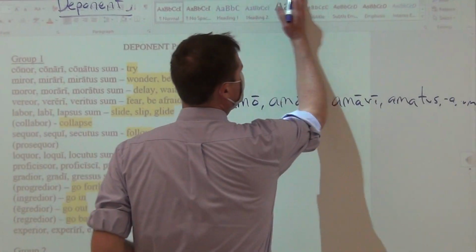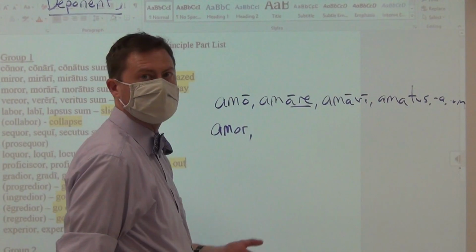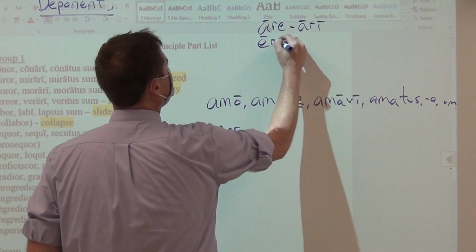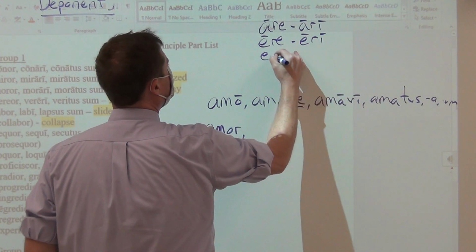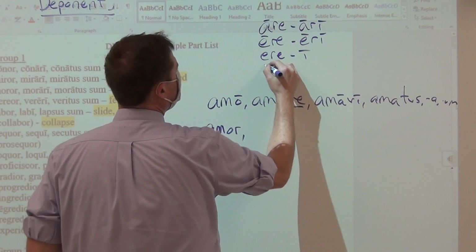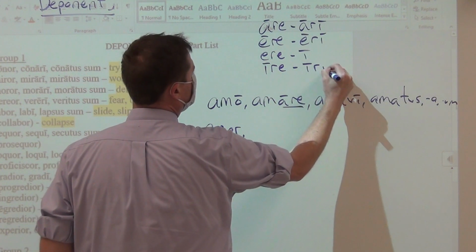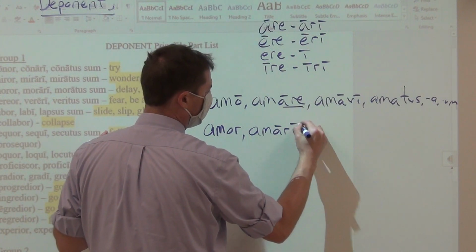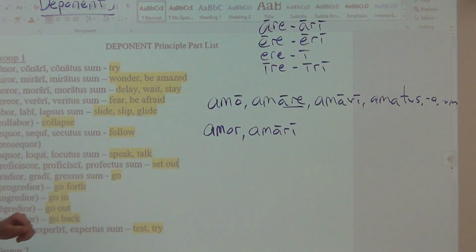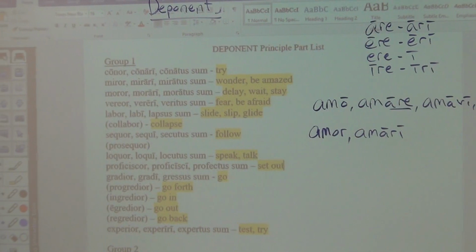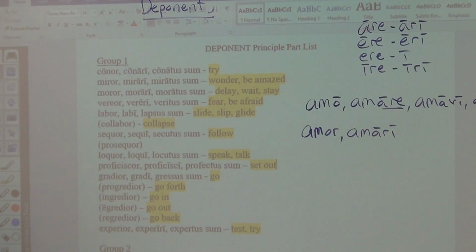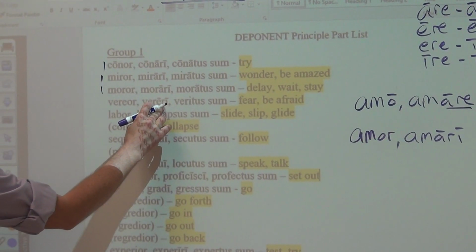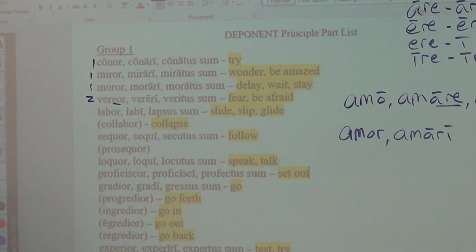Then you remember that for the second principal part, it's the present active infinitive. Remember that long A-R-E turns into long A-R-I. Long E-R-E turns into long E-R-I. Short E-R-E turns into a long I. And then long I-R-E turns into a long I-R-I. And so amare would turn into amari. So when we look at each one of these, we will automatically know what conjugation they are by still looking at the second principal part. Ari, first. Eri, second. And you even see the E-O.